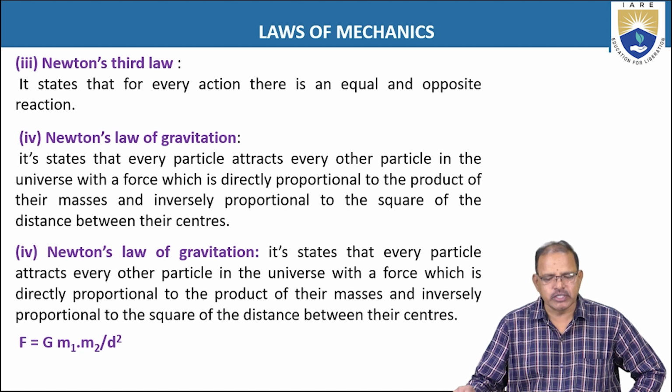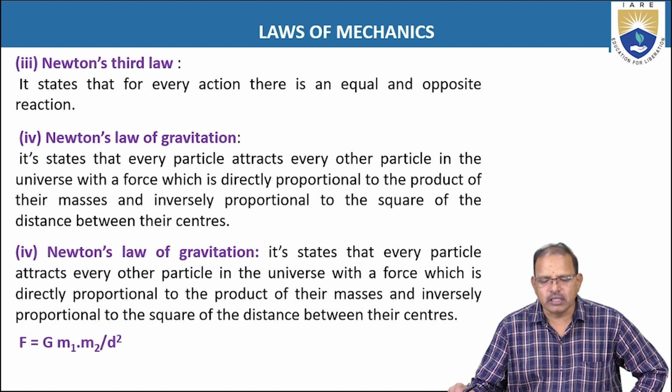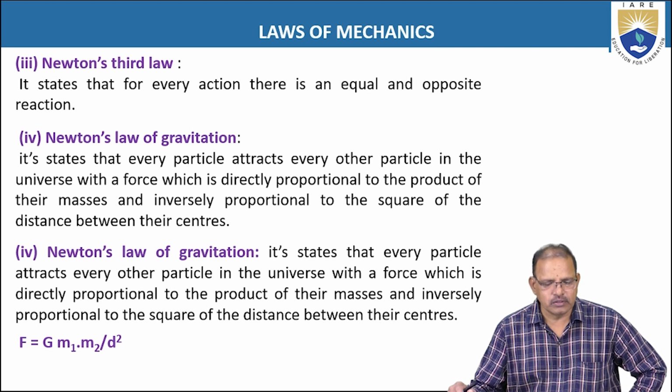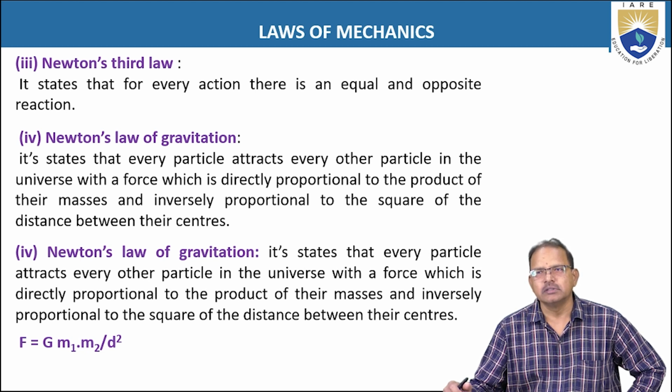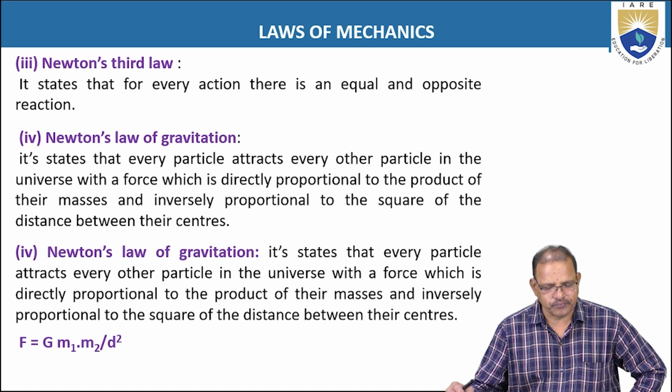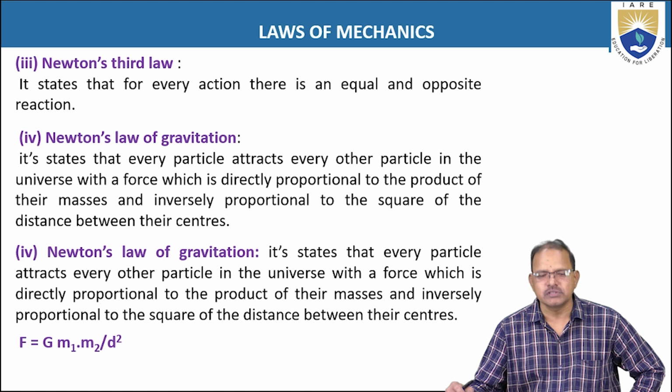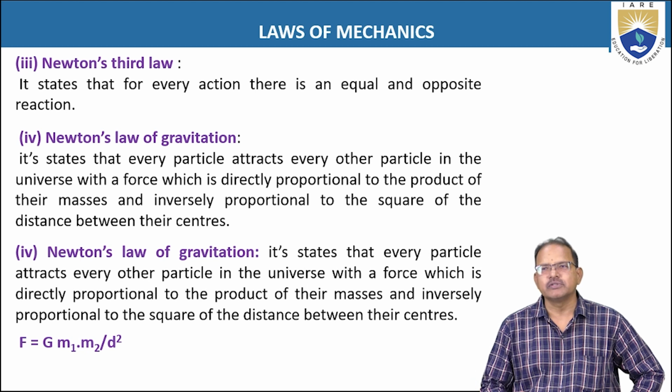Newton's third law states that for every action there is an equal and opposite reaction. Newton's law of gravitation states that every particle attracts every other particle in the universe with a force which is directly proportional to the product of their masses and inversely proportional to the square of the distance between their centers.